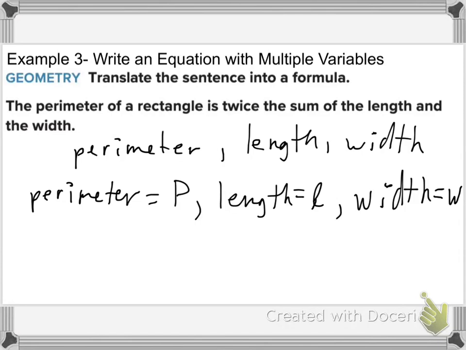Well, let's just read it and write it out as we're going. The perimeter of a rectangle, what are we using to represent perimeter? P. So P is, what symbol do you think I'm going to use for the word is?